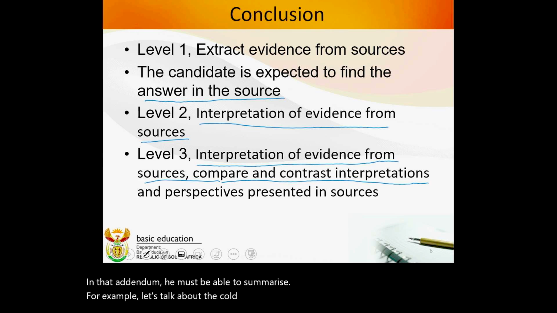He must be able to say, source 1A deals with the formation of the Marshall Plan in 1949. So this source indicates that European countries were invited in New York to receive the Marshall Plan. Also, Russia and the satellite states were invited.